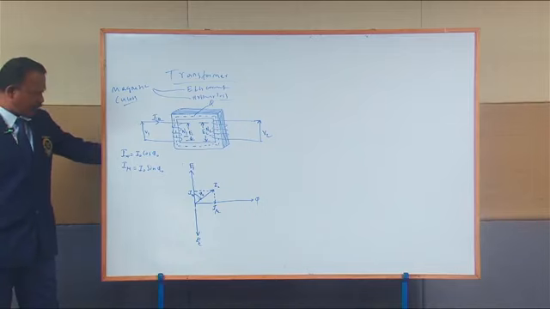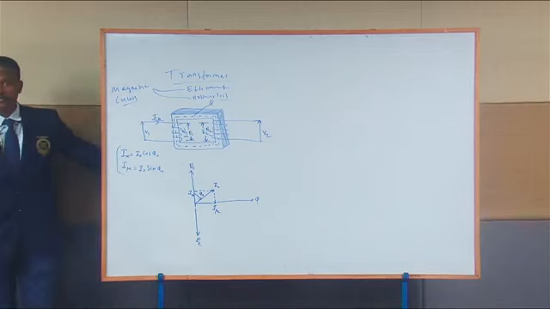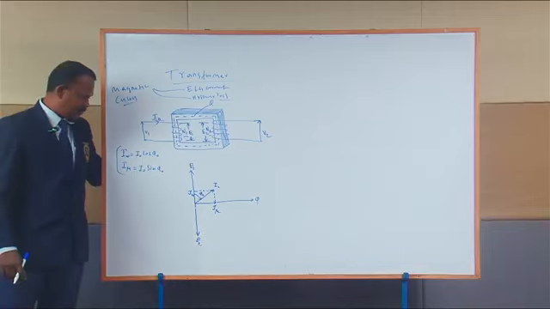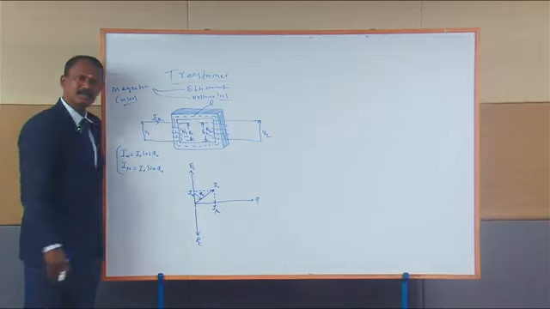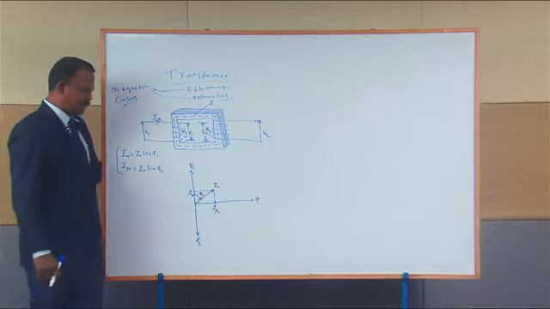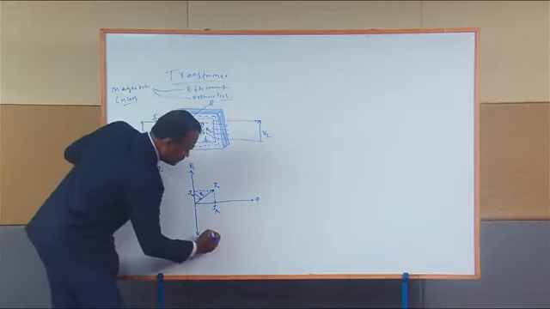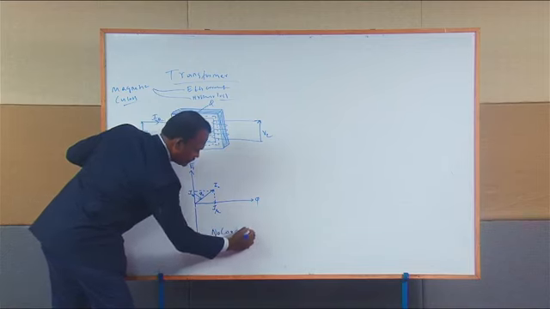By using Pythagoras theorem, we can directly get this relation. Clear? So IW is equal to I naught cos phi naught, and I mu is equal to I naught sin phi naught, and this current I naught is the vectorial sum of I mu and IW. And this is the phasor diagram of a transformer under no load condition.